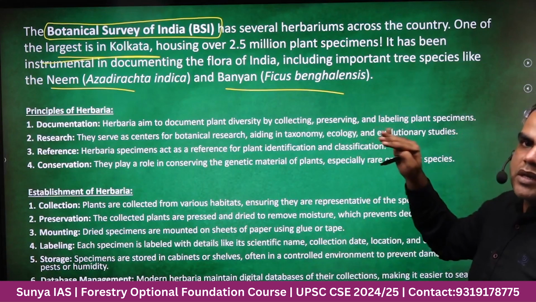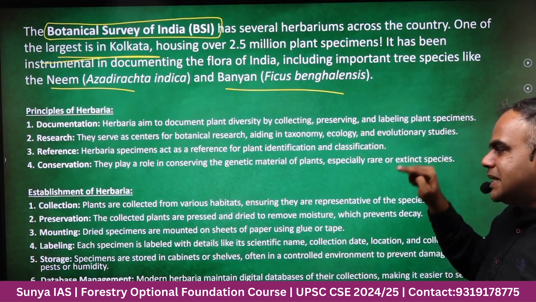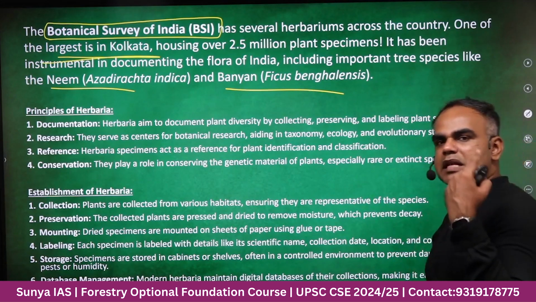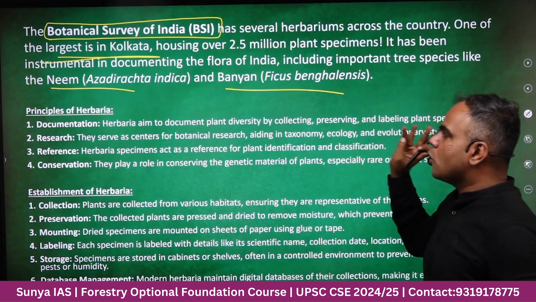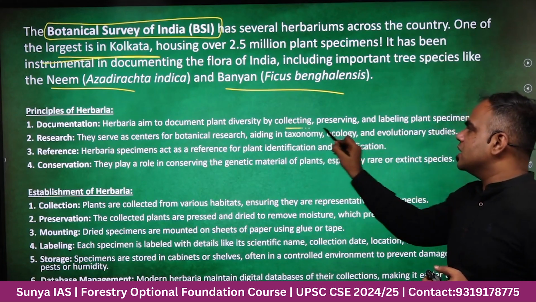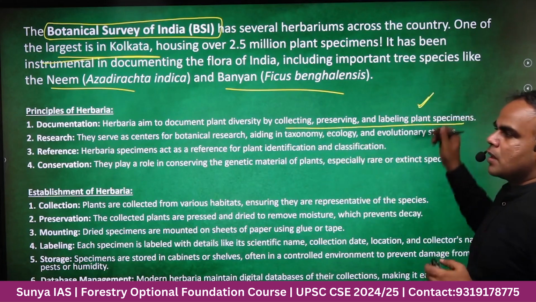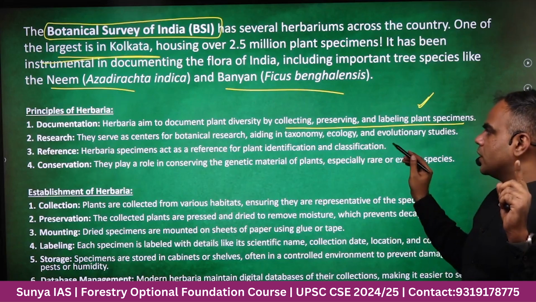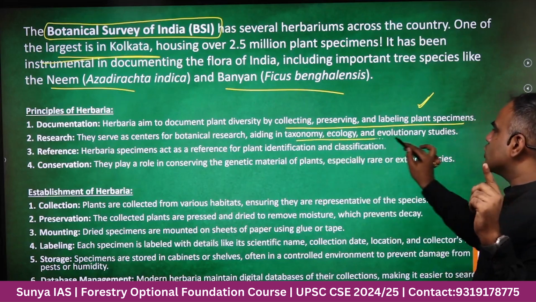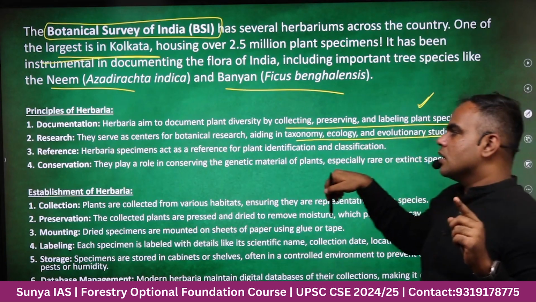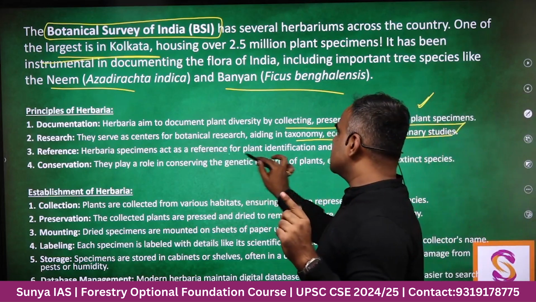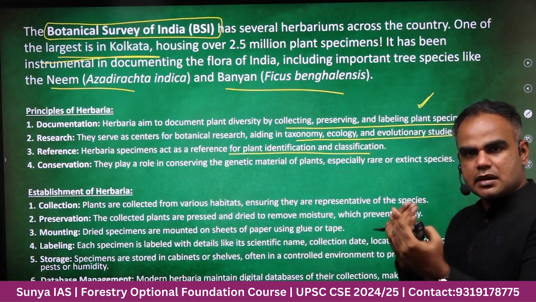Then again, what are the principles of a herbarium? How is it established? This is also important. The principle will be simple: you want to document things by collecting, preserving and labeling, and carry out research which aids taxonomy and evolutionary studies. This will be used as a reference. A lot of reference species will also be there.